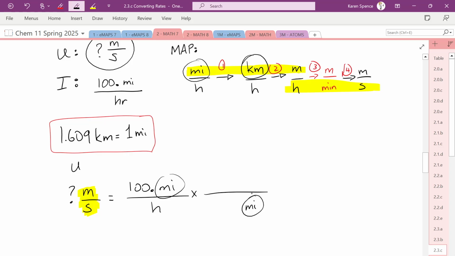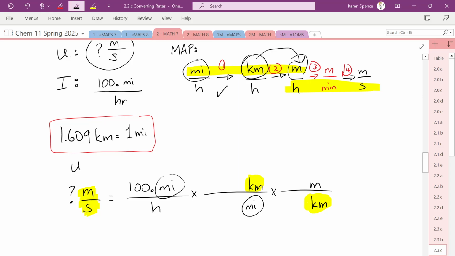And we wanted to find kilometers, so kilometers go on the top. Next, I don't want kilometers, I want meters. Where do kilometers have to go? They have to go on the bottom so that they'll cancel out. And we were going to find meters, which is going to go on the top.